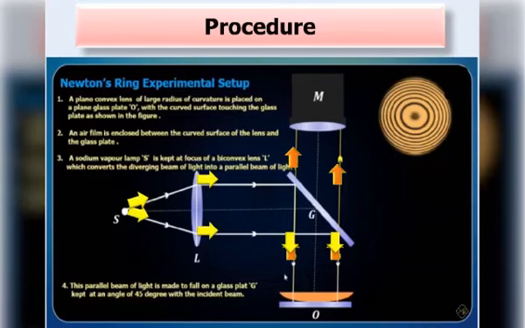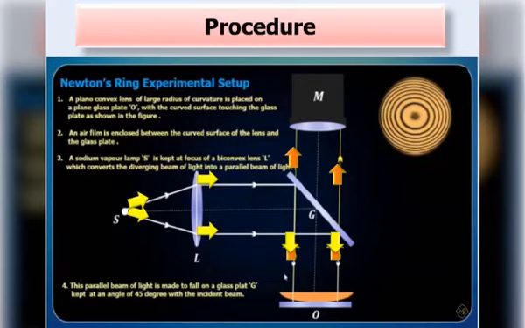Now consider a monochromatic source of light S. This monochromatic light S falls on a convex lens L. From the convex lens, the light rays become parallel and fall on glass plate G, inclined at 45 degrees.